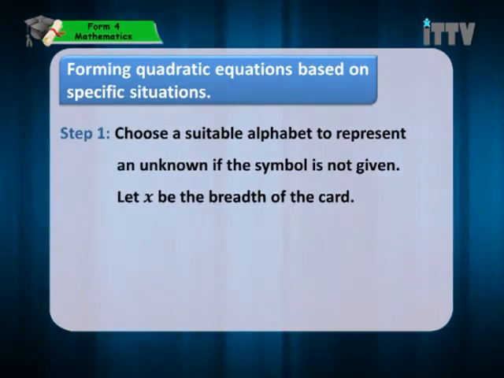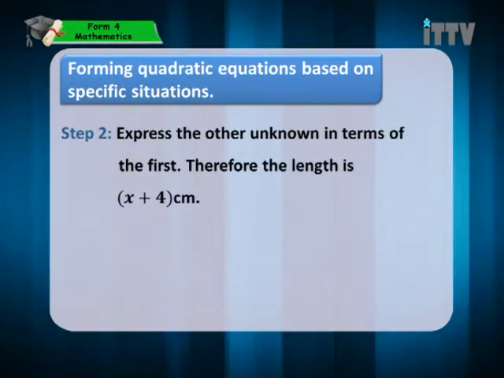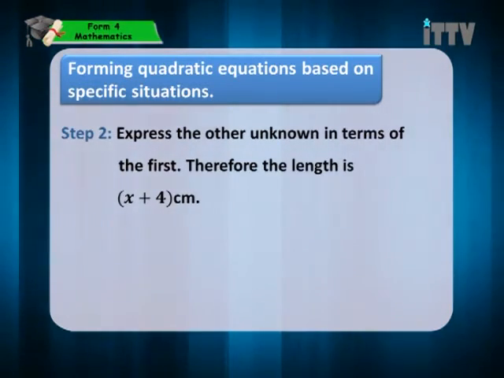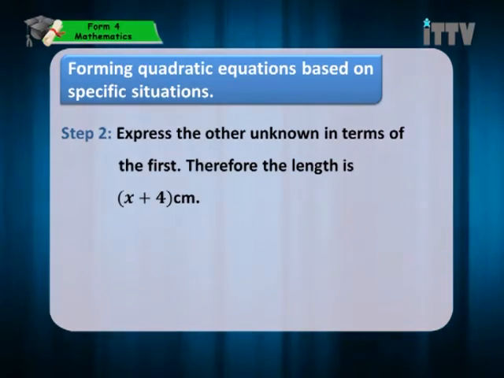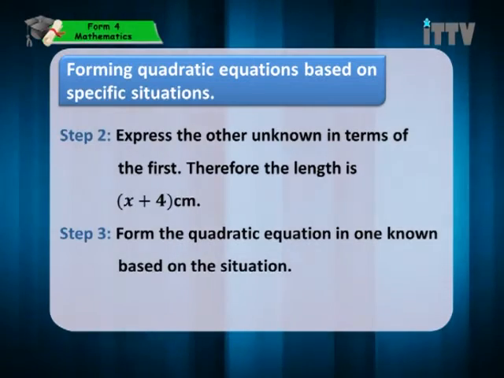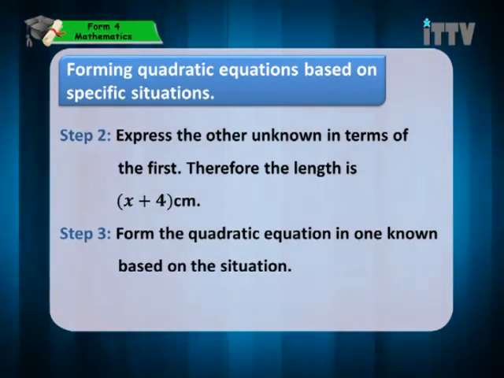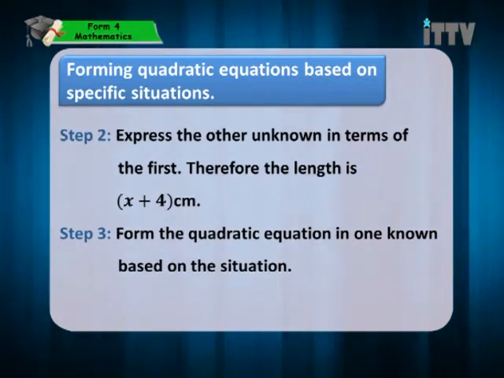Let x be the breadth of the card. In step 2, express the other unknown in terms of the first. Therefore, the length is x plus 4 cm. And in step 3, form the quadratic equation in one unknown based on the situation.